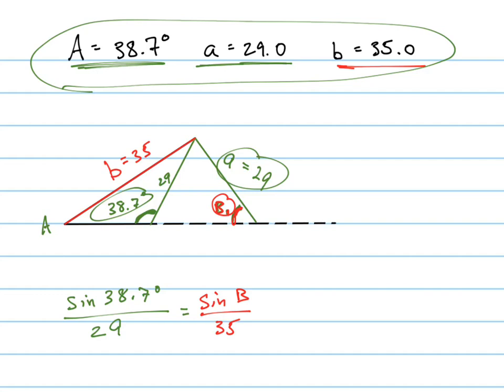I should have done angle B in red. Now when you solve this equation, you get B equals 49 degrees. Actually, it rounds to 49.0.